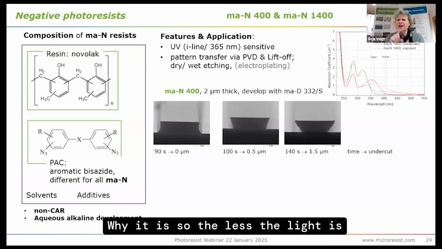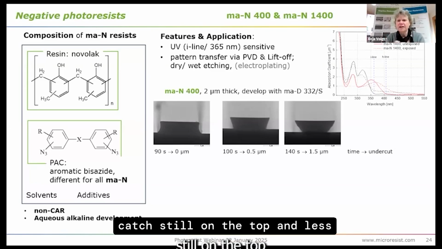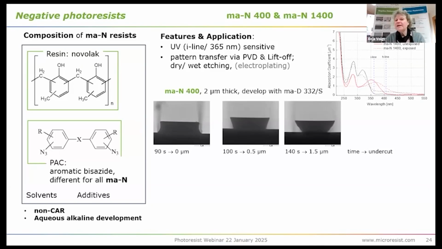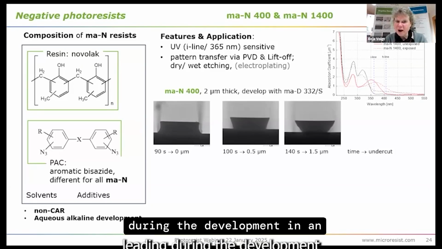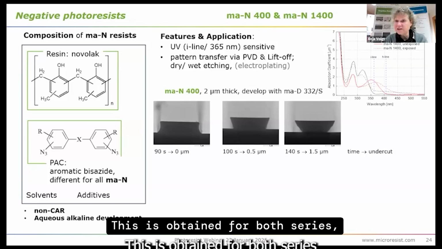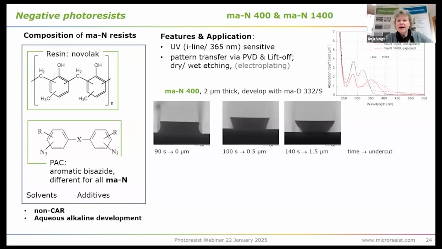Why is it so? The light is still caught on the top and less light goes to the bottom, leading during the development to an undercut pattern profile. This is obtained for both series, according also to the UV spectra.